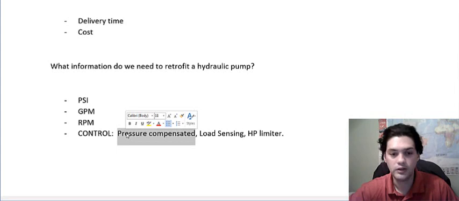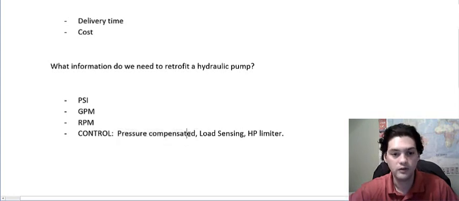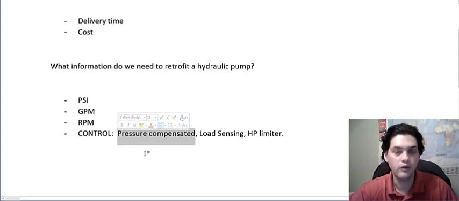Horsepower is flow and pressure. If you have high flow at a high pressure, you keep wasting all that horsepower and your system overheats. So for that reason, you have a pressure compensator on your pump, and it saves you from overheating the system, and it saves you horsepower.